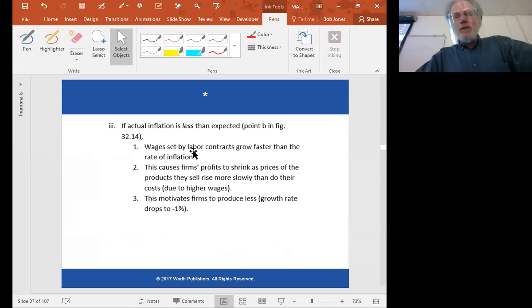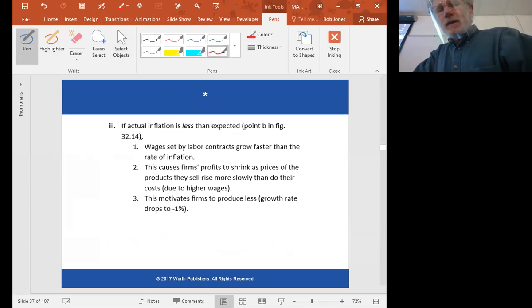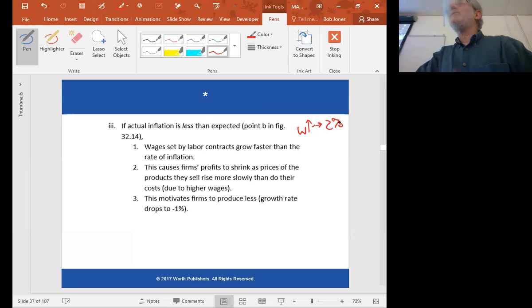Well, we're assuming that people are expecting 2% inflation. So that means workers are going to ask for a 2% cost of living wage increase. That's going to be in their contract.